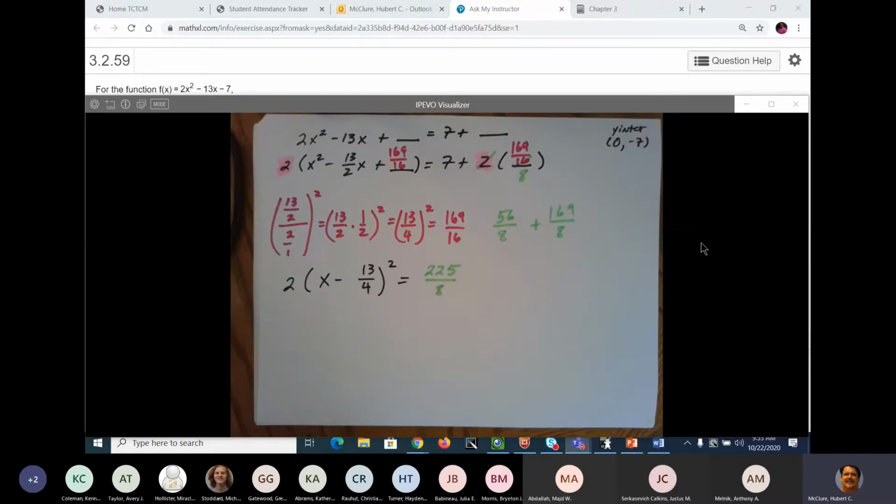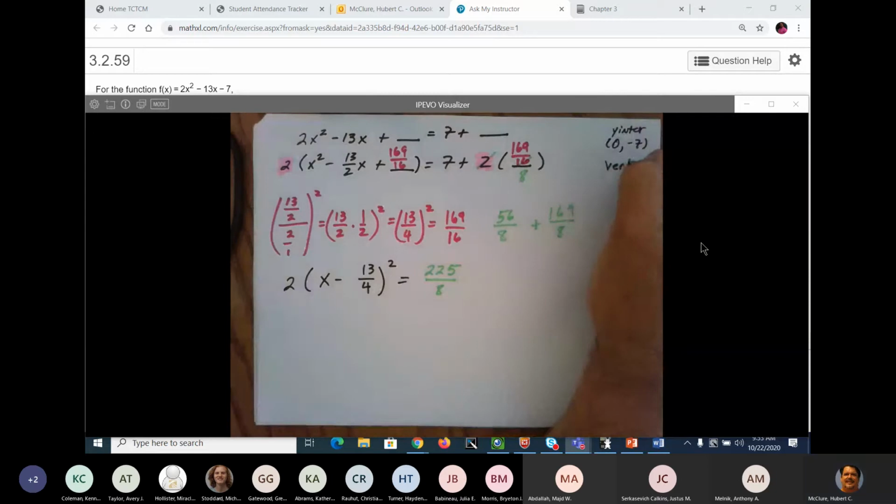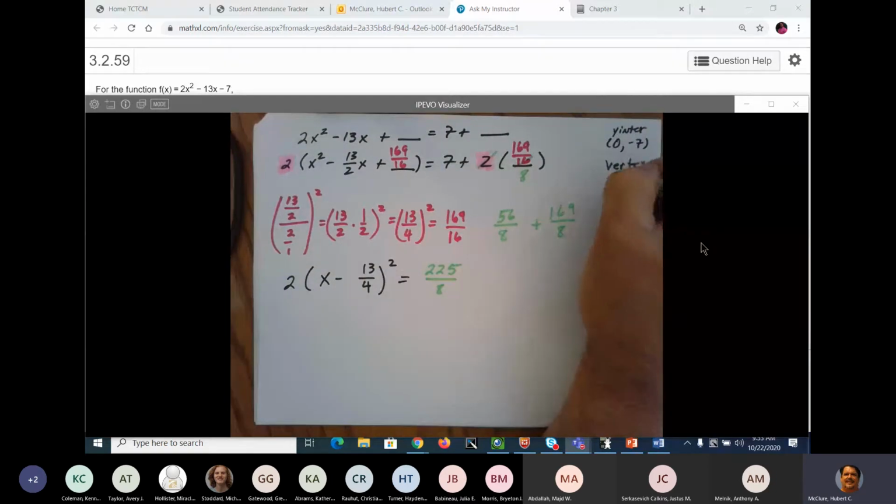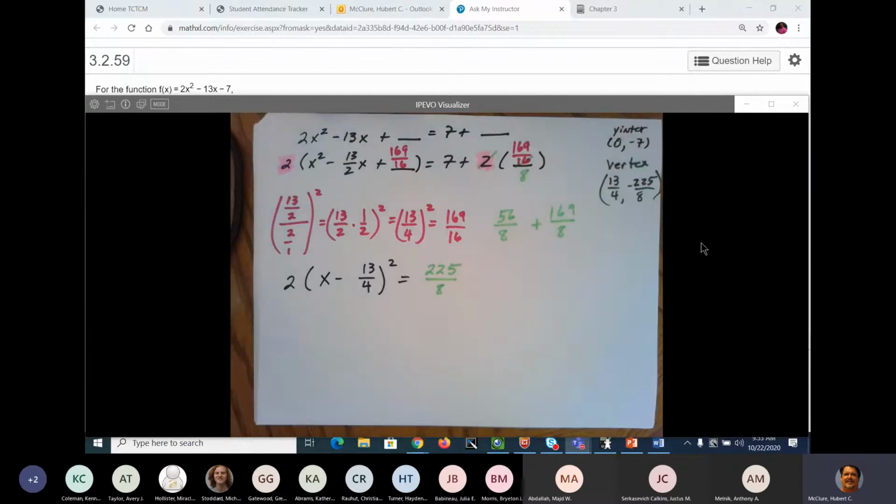All right, so there is my vertex. I'm going to write my vertex down over here. My vertex is equal to (13/4, -225/8). That's my vertex.